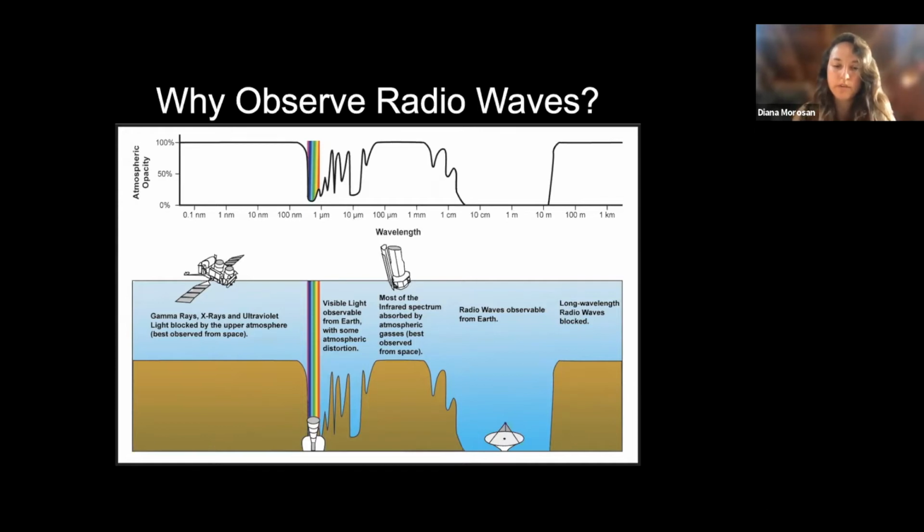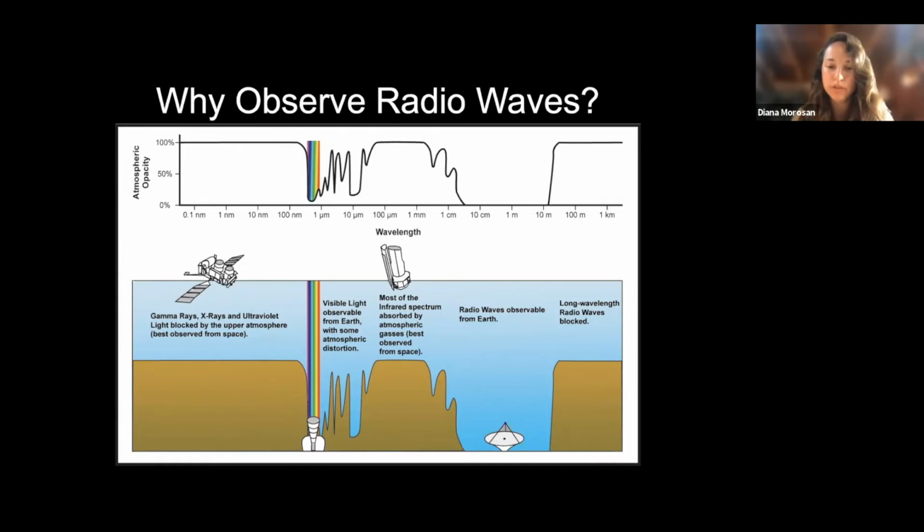And this is very important because ground-based observatories can be made relatively cheap. They're a lot cheaper than a big space mission, for example, that needs to observe in ultraviolet or infrared or X-rays. All of those need to go up into space to observe, and they cost a lot of money, while radio waves can be observed directly from the ground with a relatively cheap instrument.